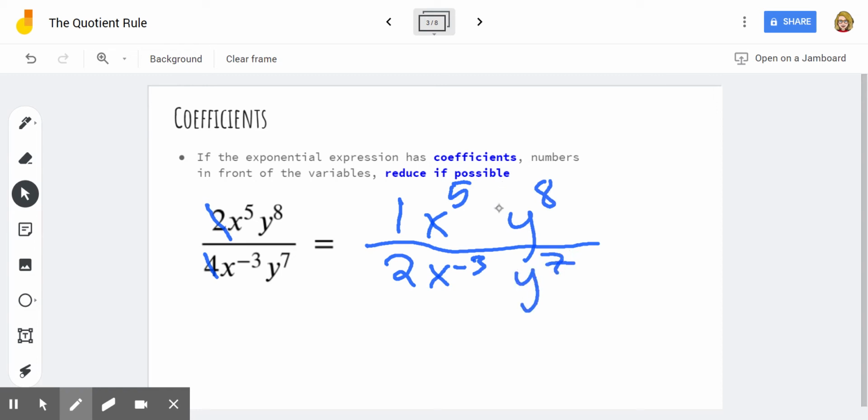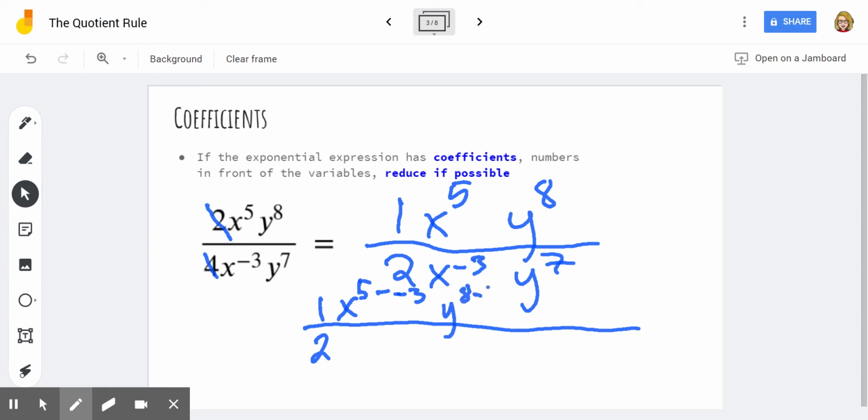Okay, so from here, we still have the 1/2. Subtract your exponents. So I have x, 5 minus negative 3. And then we have y to the 8th, 8 minus 7.